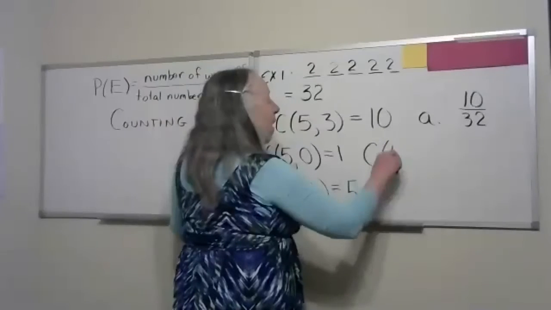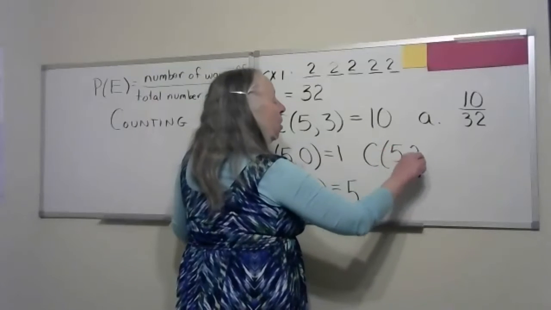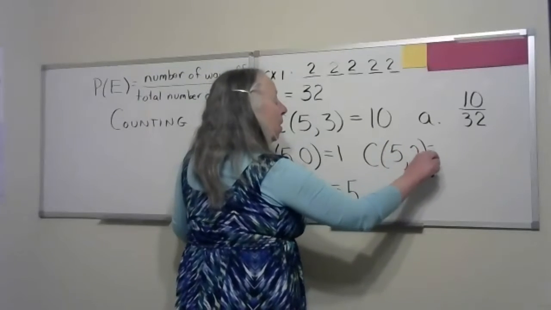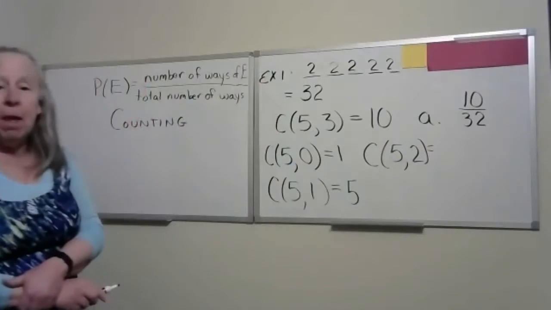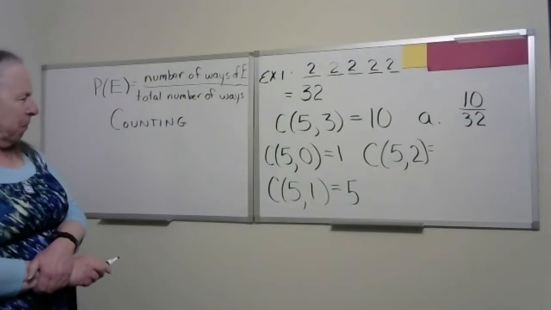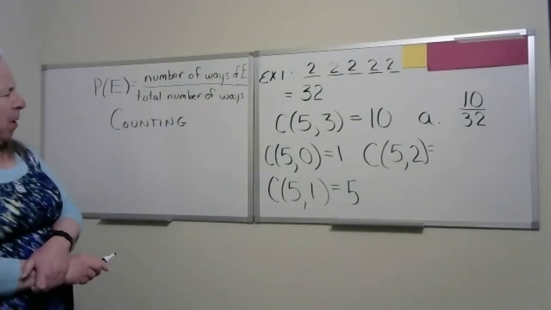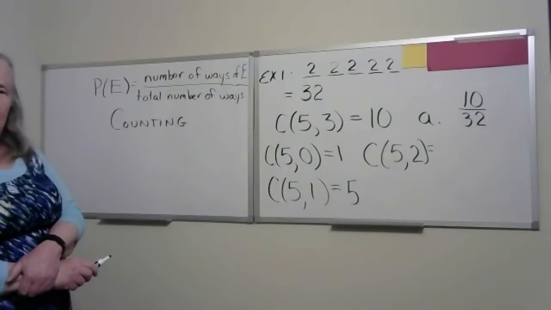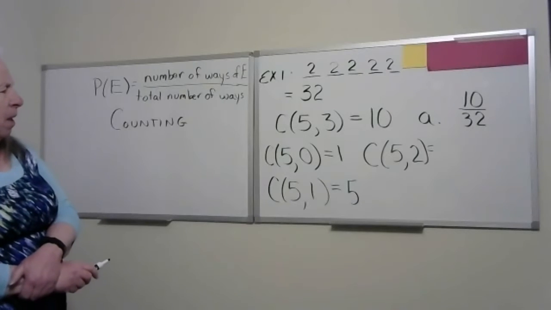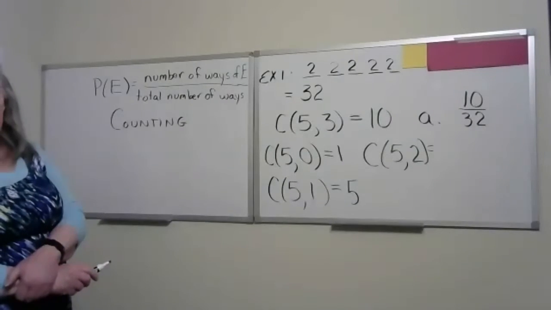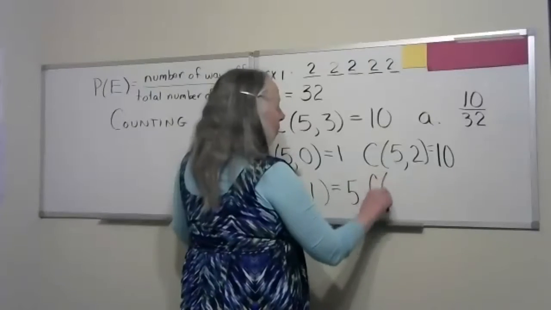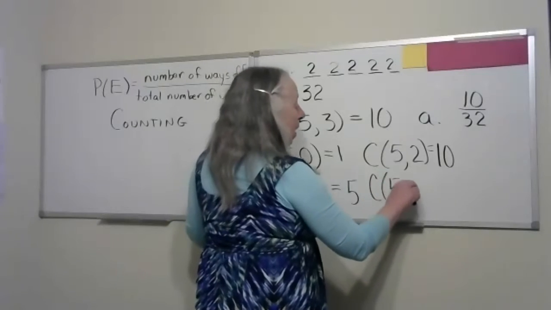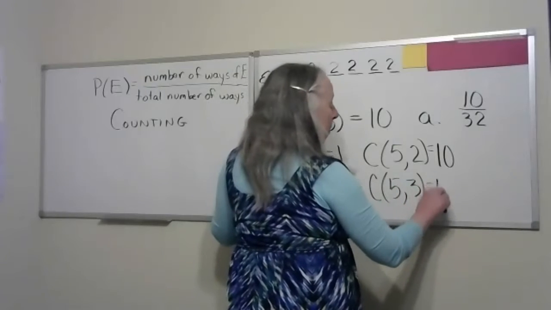Then we have 5 choose 2. Jim, what are you coming up with for 5 choose 2? 10. And we know 5 choose 3 is also 10.